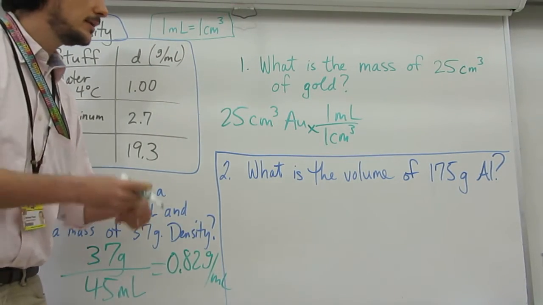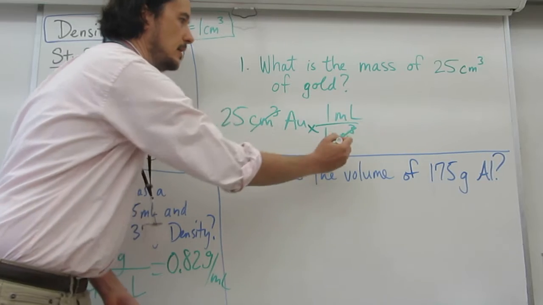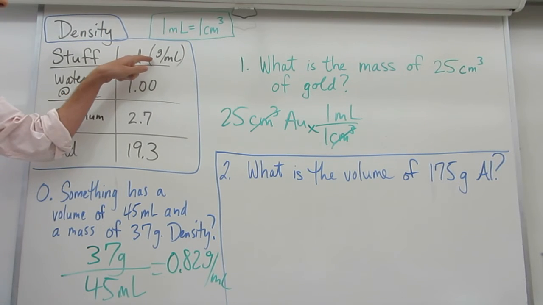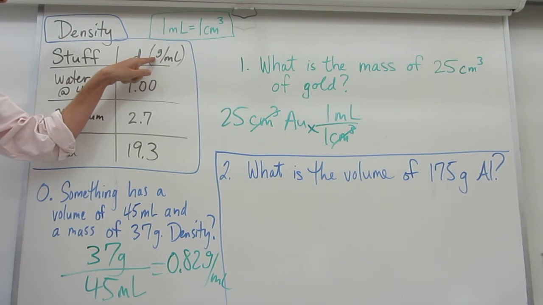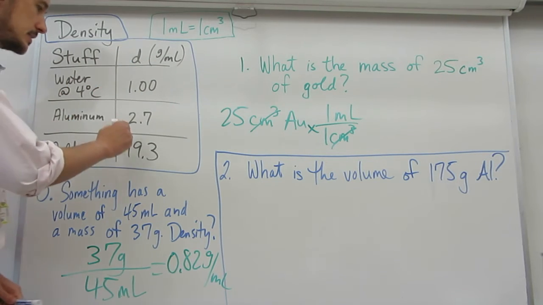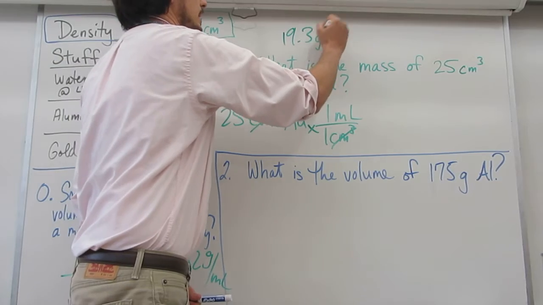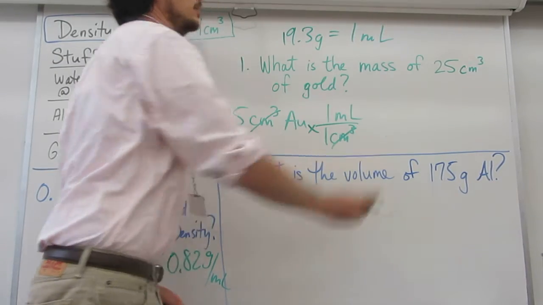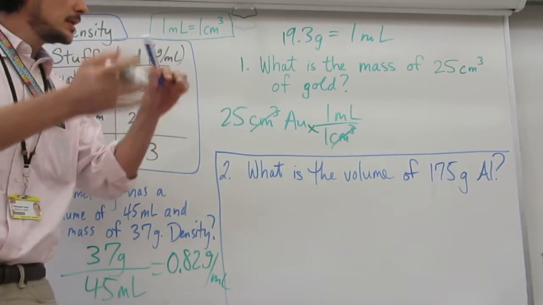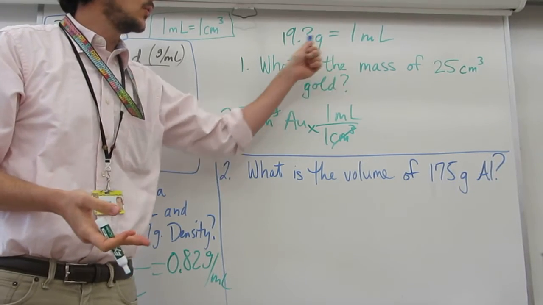Now I've got a unit of milliliters, so the cubic centimeters cancel out. I see a unit of milliliters in density, grams per milliliter. For gold, it is 19.3 grams equals 1 milliliter. I can make a fraction, and either of these can be in the numerator or denominator.